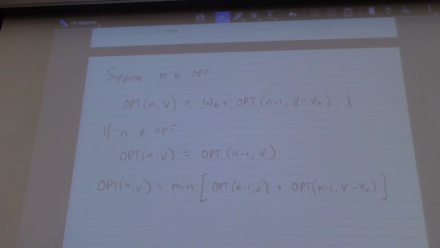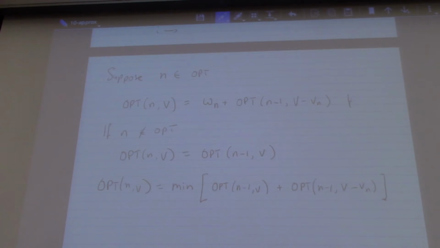How many entries are there in this table? Well, there are n columns, one for each item. But the height is the total value possible. What is the maximum total value possible? It's not V star. V star is the value of one item. What's the total value possible? Worst case, it could be n times V star, right?